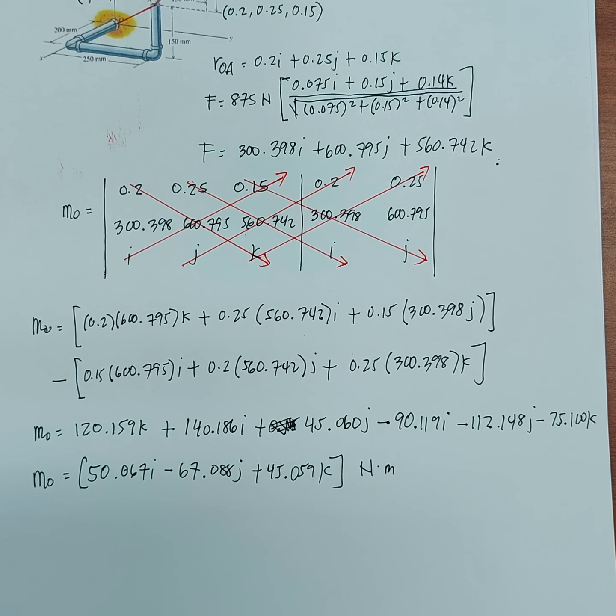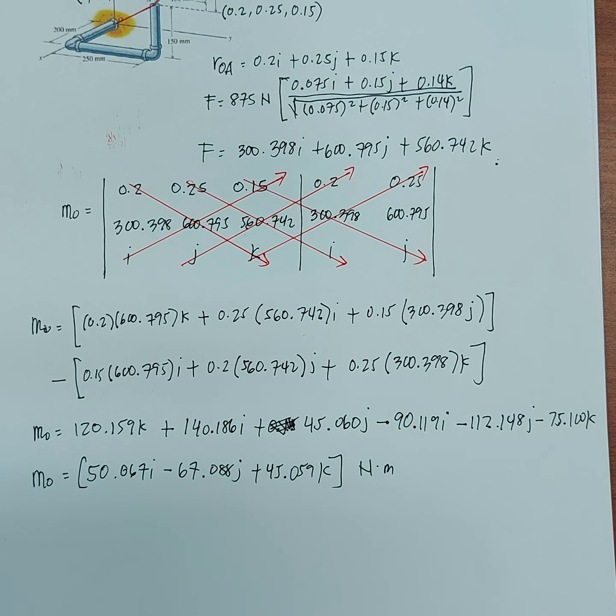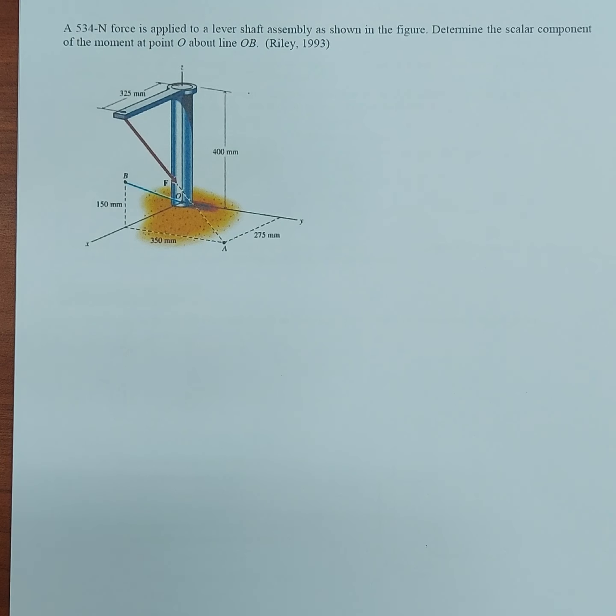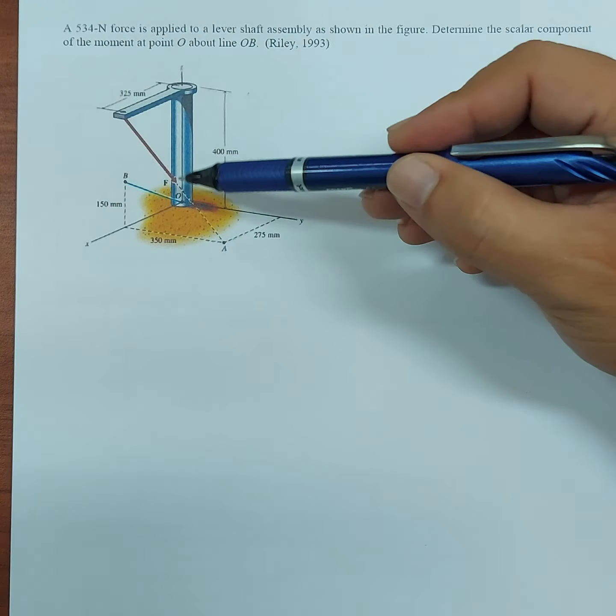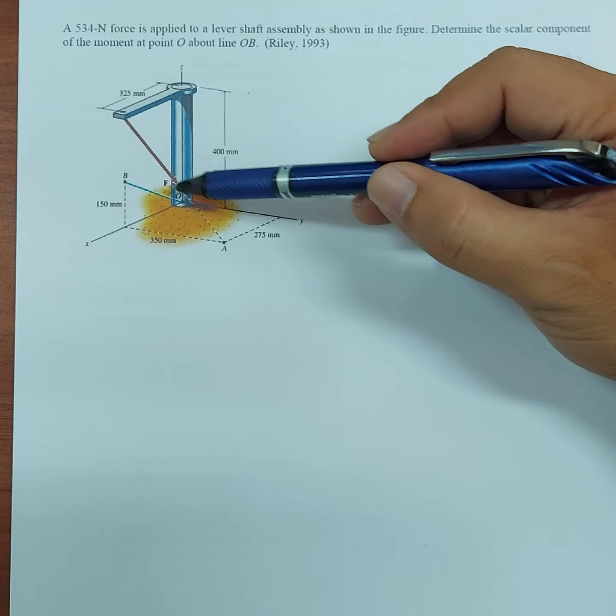Okay. Next example. A 534 Newton force is applied to a lever shaft assembly as shown in the figure. Determine the scalar component of the moment about point O about line OB. So we are going to solve for the moment of this force along this axis line OB.